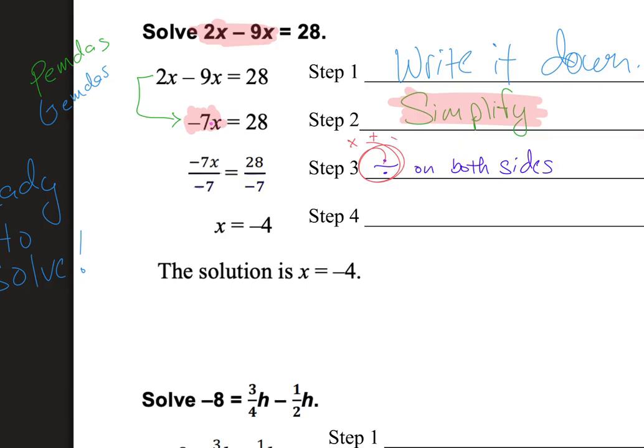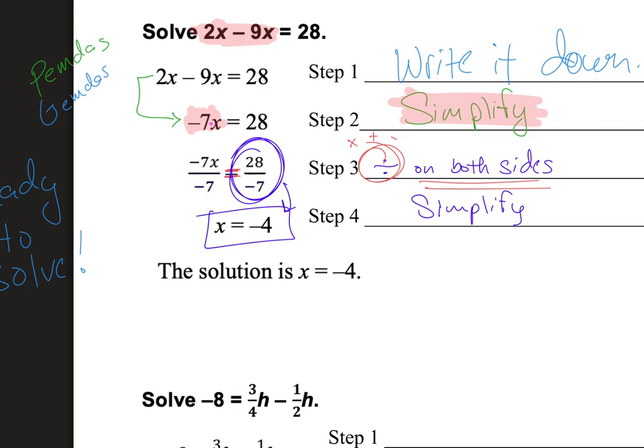As long as you do it to both sides, then you are keeping up the equal business. Things need to be equal, okay? And then, here's the goofy part. The next thing is simplify again, because you want to simplify this to actually be your answer of negative 4. Hooray!